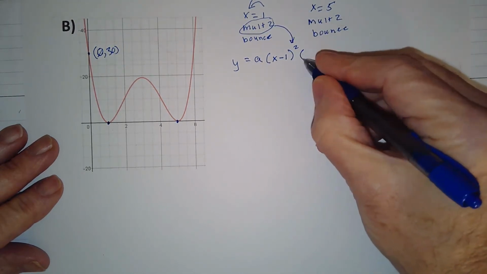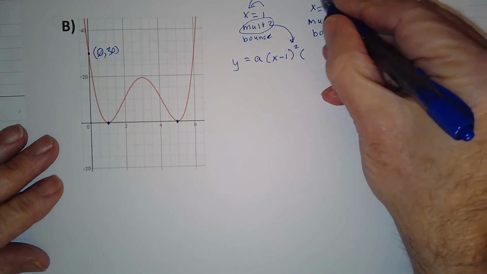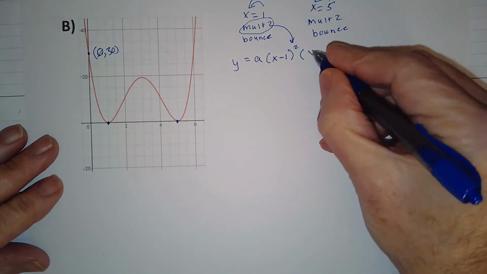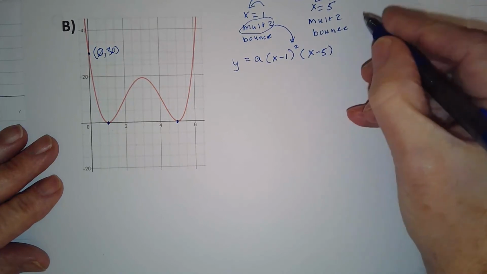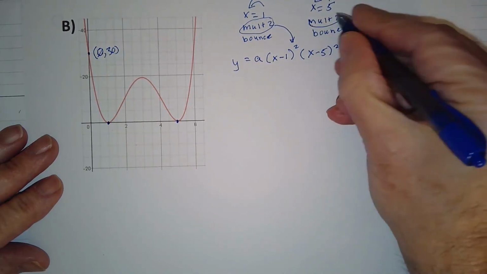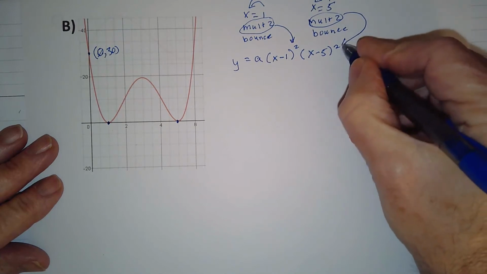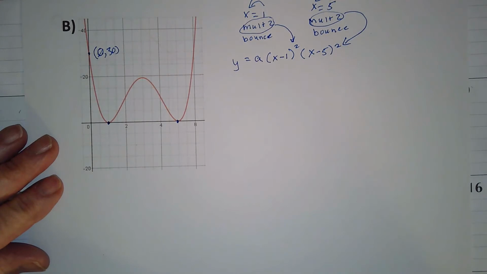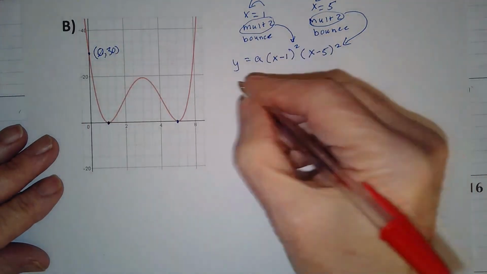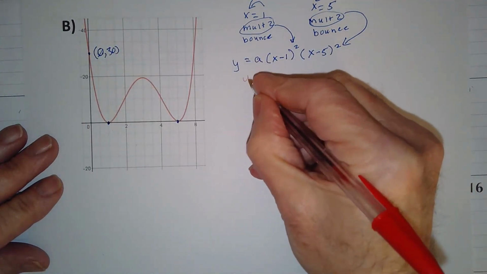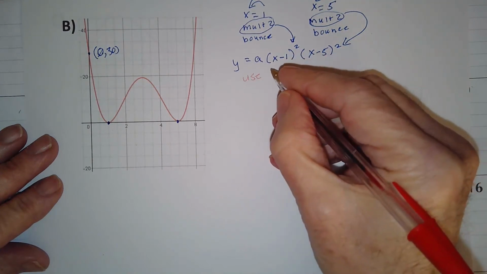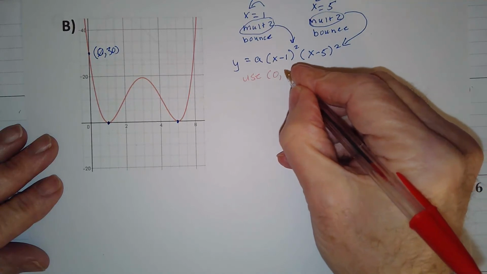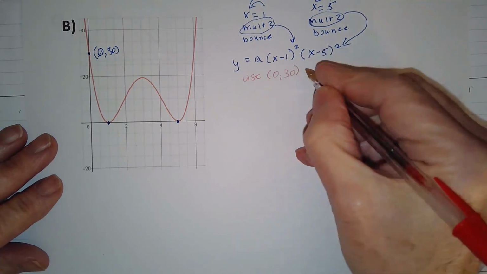And then the 5 is going to move over, so you're going to have x minus 5, and it's also squared because we have a multiplicity of 2. Okay? So, good. Now we want to use this specific point, 0, 30, to solve for A.